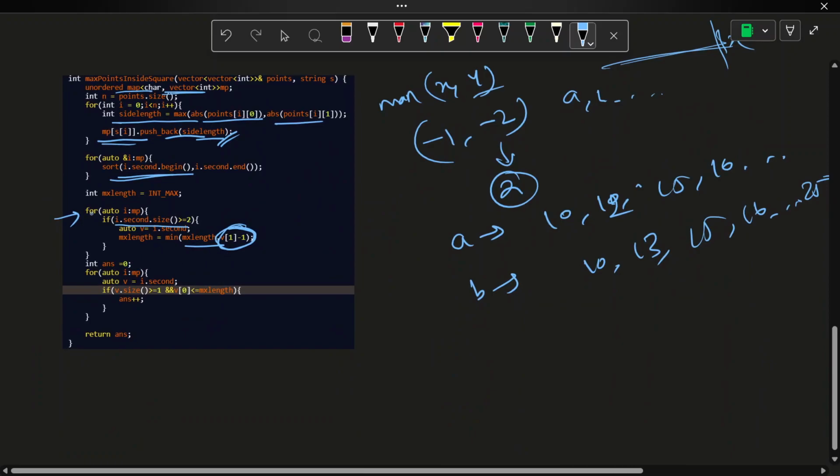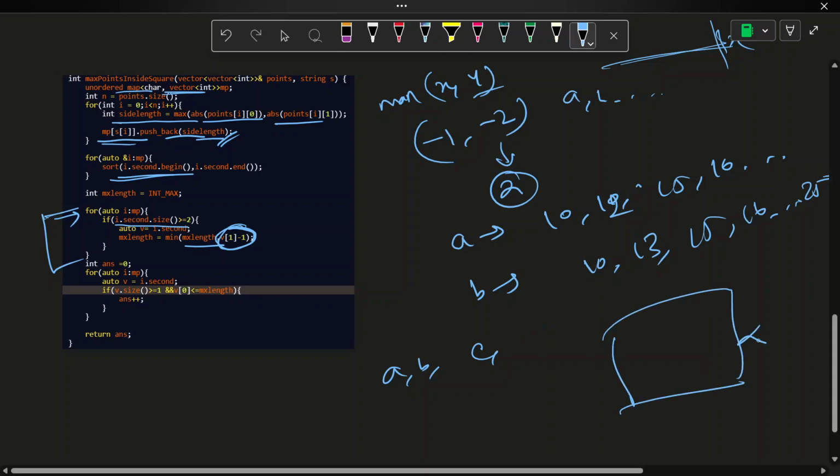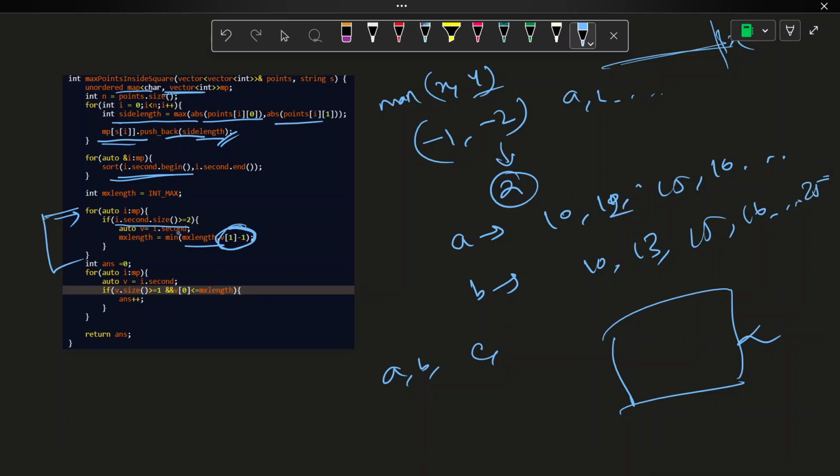After that I will find the global side length. If all elements are present 1 time, a, b and c, then I can take an infinite length of square, right? Because no one will be repeated. That's why I don't have to think about a position list whose size is equal to 1.